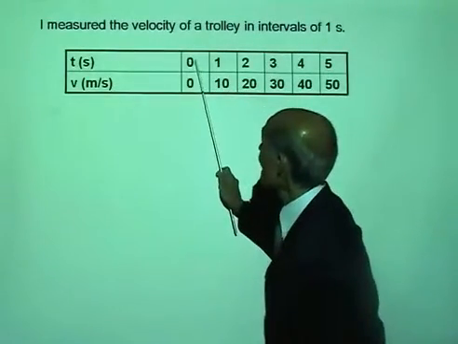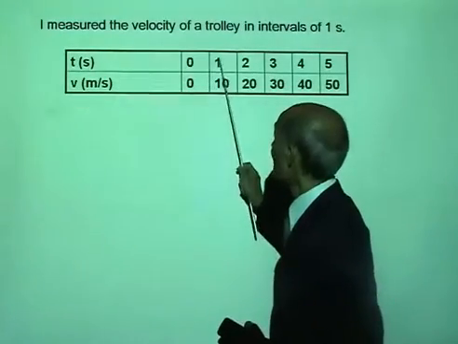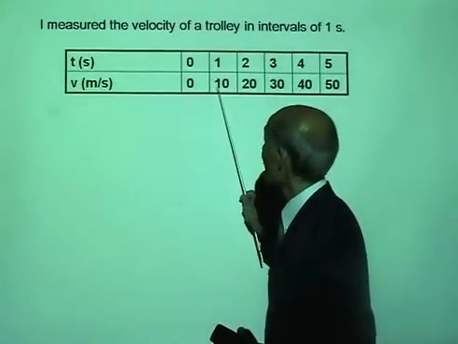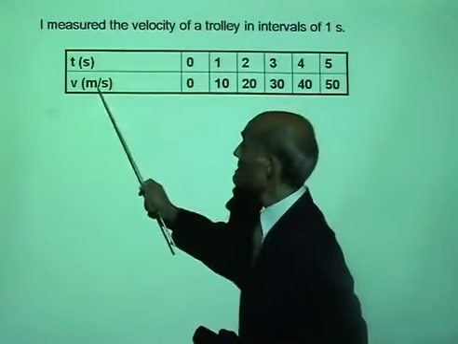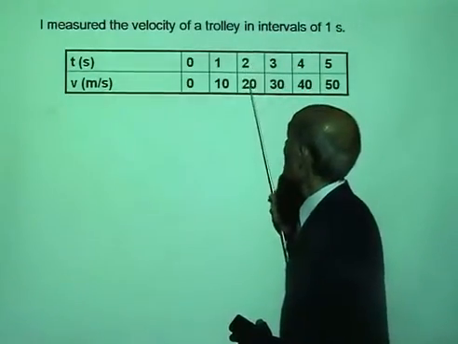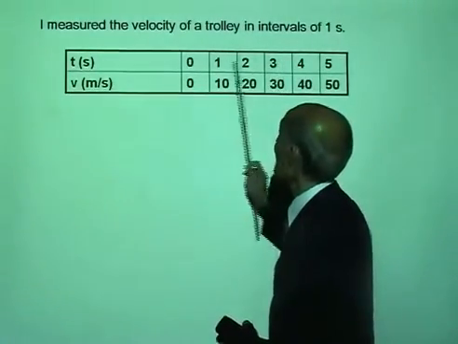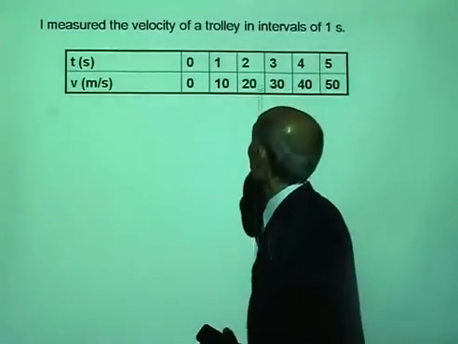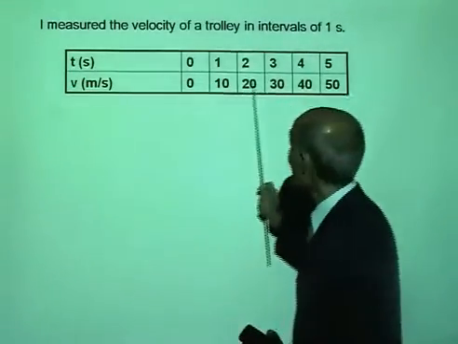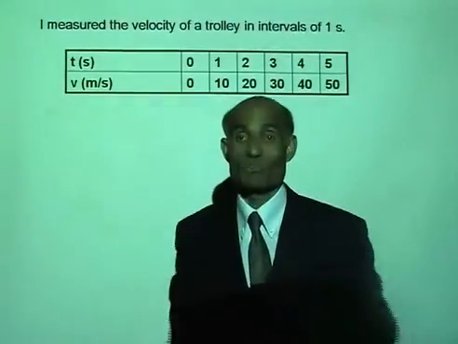Now, when time is 0, the velocity is 0. When time is 1 second, the velocity is 10 meters per second. When the time is 2 seconds, the velocity is 20 meters per second. When the time is 3 seconds, the velocity is 30 meters per second, and so on. I have 6 trials.